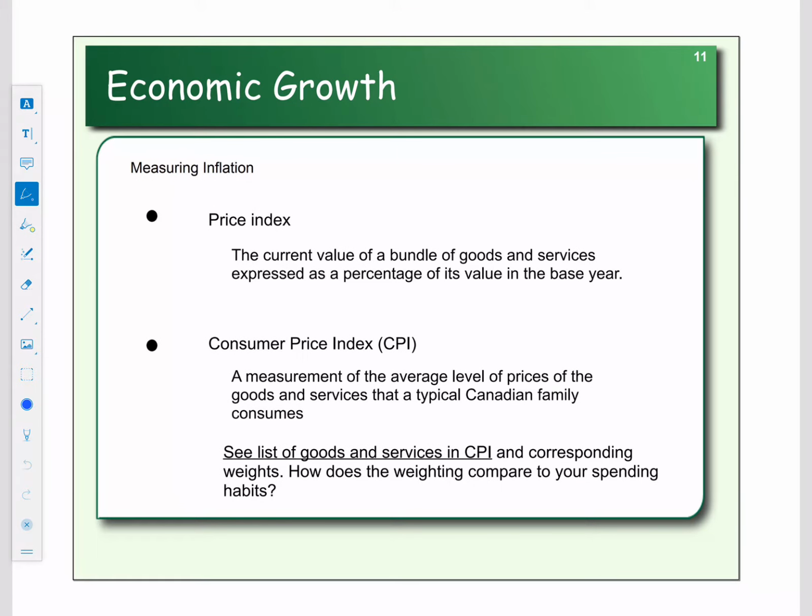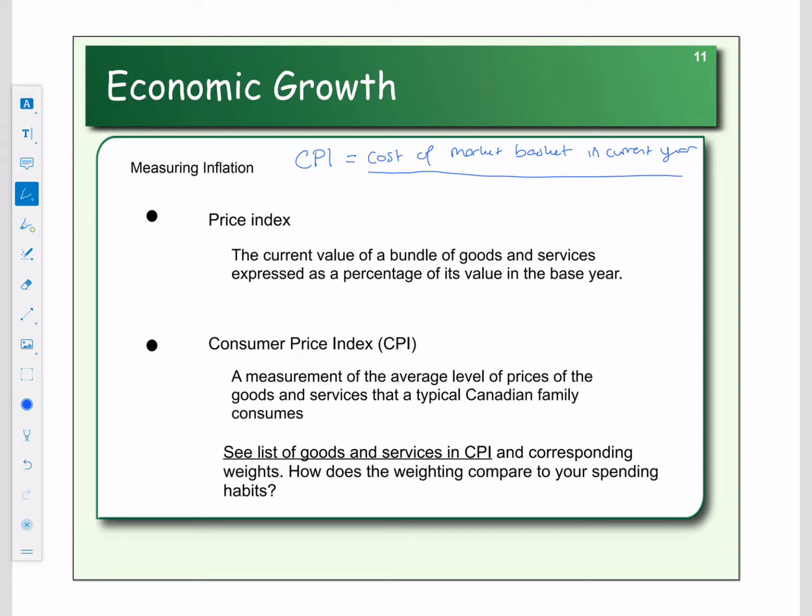So how do we measure inflation using a consumer price index? Well, the way that you calculate CPI, so CPI is the cost of your market basket that the typical Canadian household buys, and we're looking at that cost of that market basket in the current year.